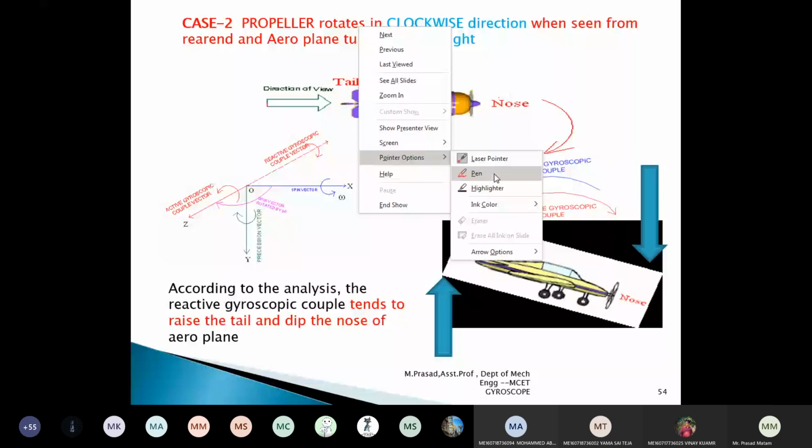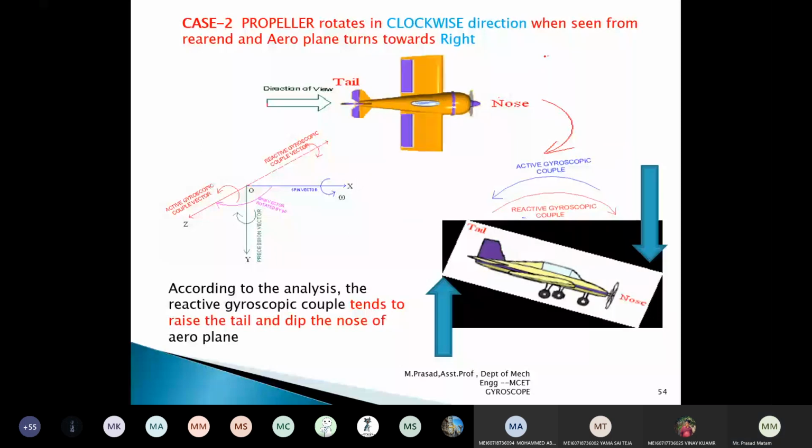Okay. This is my spin axis, omega s. The aeroplane is taking the right turn. I am showing here, this is the right turn. So now downward I am getting the precession vector. This is the y-axis, this is the z-axis.